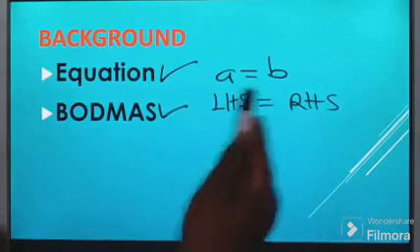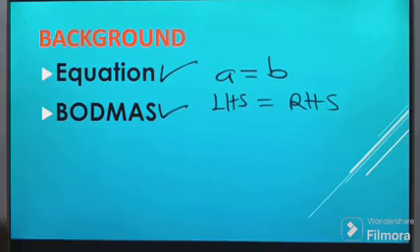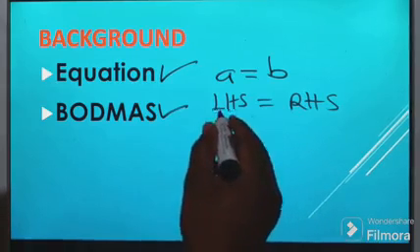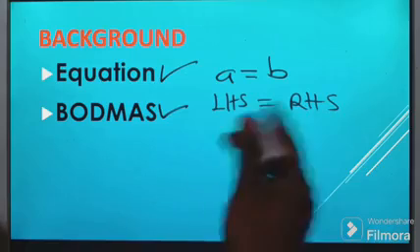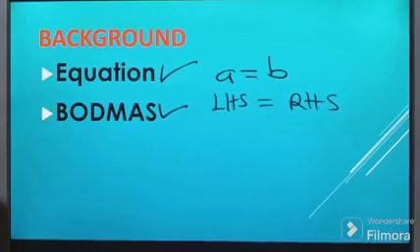And this equals sign means that the left hand side and right hand side are equal, meaning they are balanced. So that's what basically an equation is.